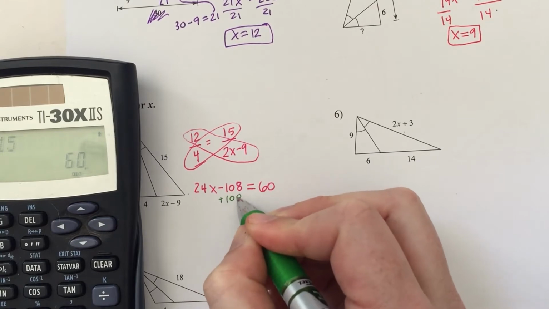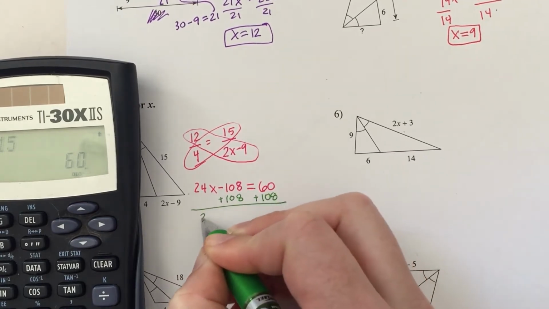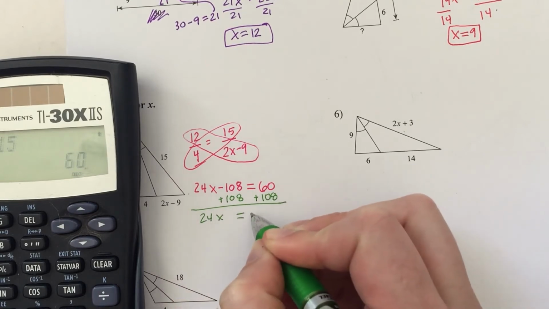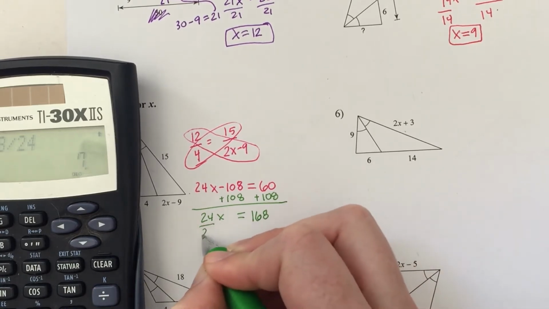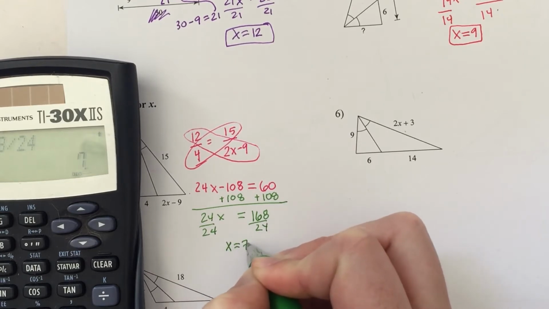Add 108 to both sides. 24x is equal to 168. Divide both sides by 24, and x is equal to 7.